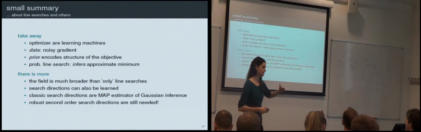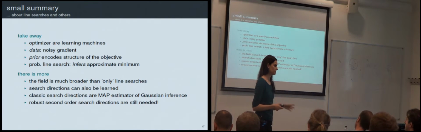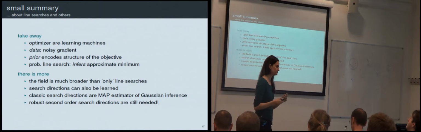So once you've written down the math, you see that these things are actually super efficient and it's possible. So they choose a very specific covariance. I can point you to a paper. And by choosing this very specific covariance, the MAP estimator is exactly the BFGS update.